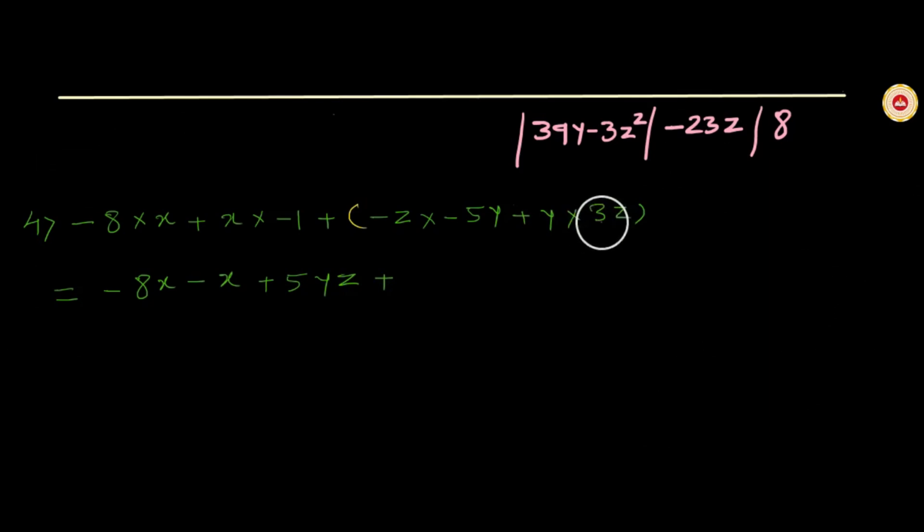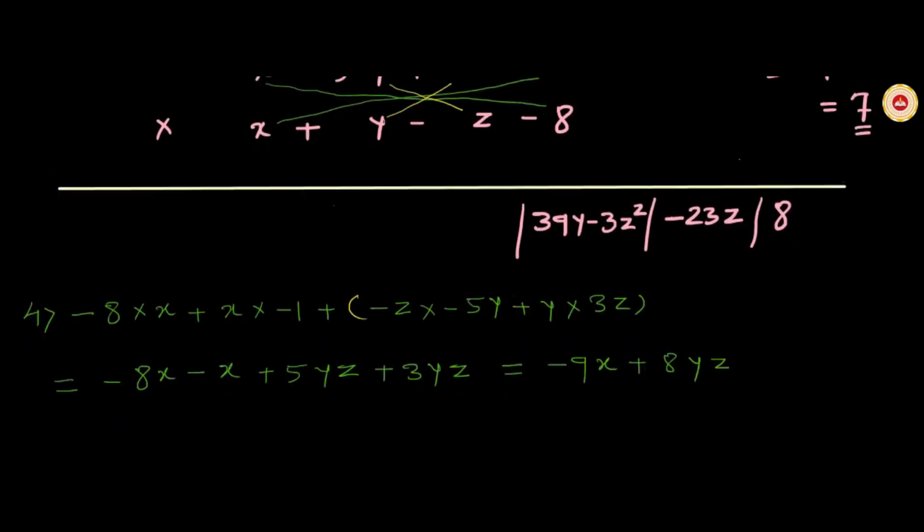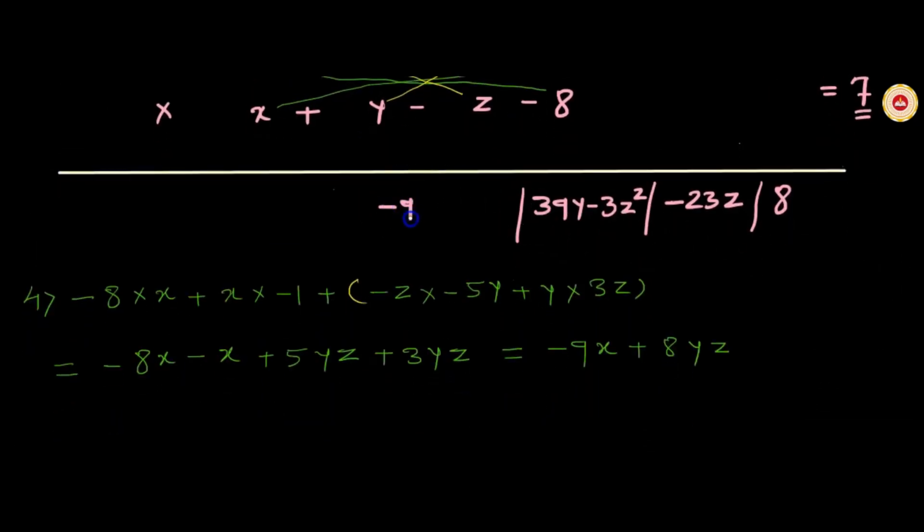Y multiplied by 3z is 3yz, which is equal to minus 8x minus x, minus 9x, and 5yz plus 3yz, 8yz, right? So minus 9x plus 8yz is the answer of fourth step. So let us write the answer. Minus 9x plus 8yz. Give a slash to separate.